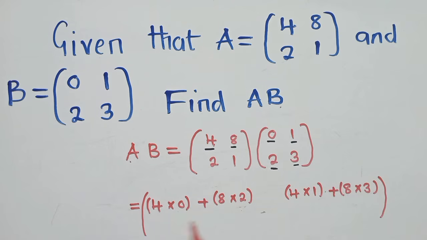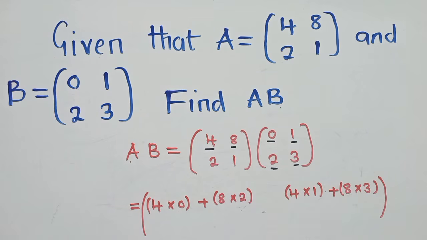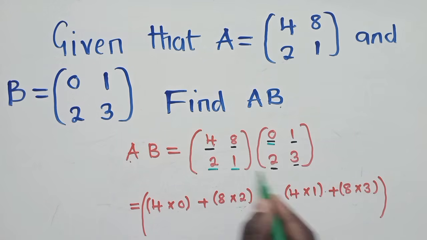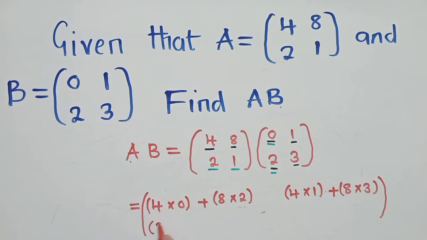Now from here, we are done. You can see this has been multiplied by all these entries. We now go to the next one. This will move with this, this with this, just like that. So it will be 2 times 0, and then plus 1 times 2.